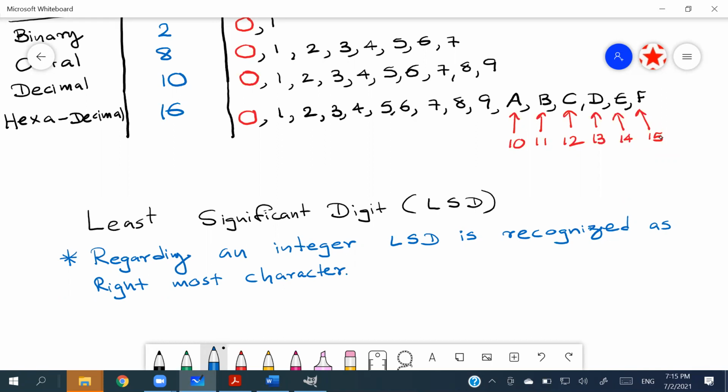So that's the theory. Regarding an integer, we are talking about whole numbers, which do not have any decimal part or fractional part. Regarding an integer, LSD is recognized as the rightmost character.